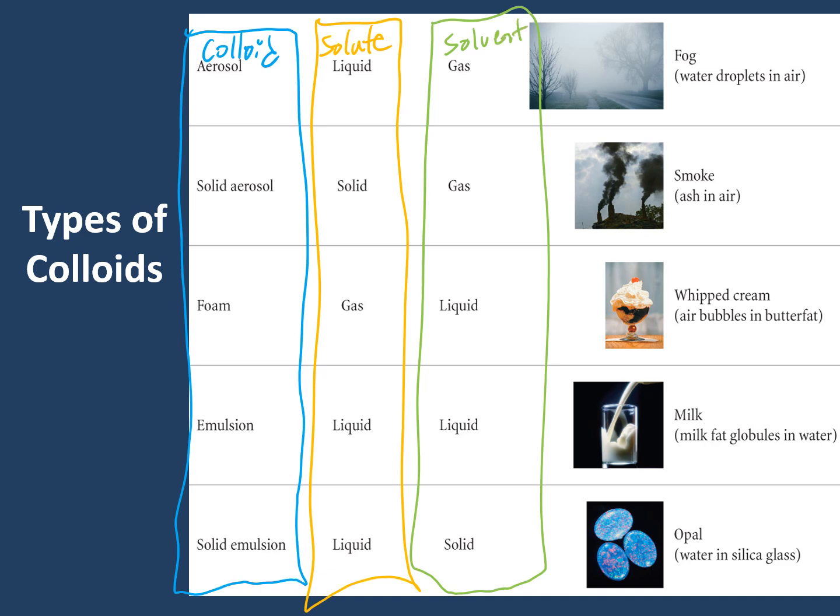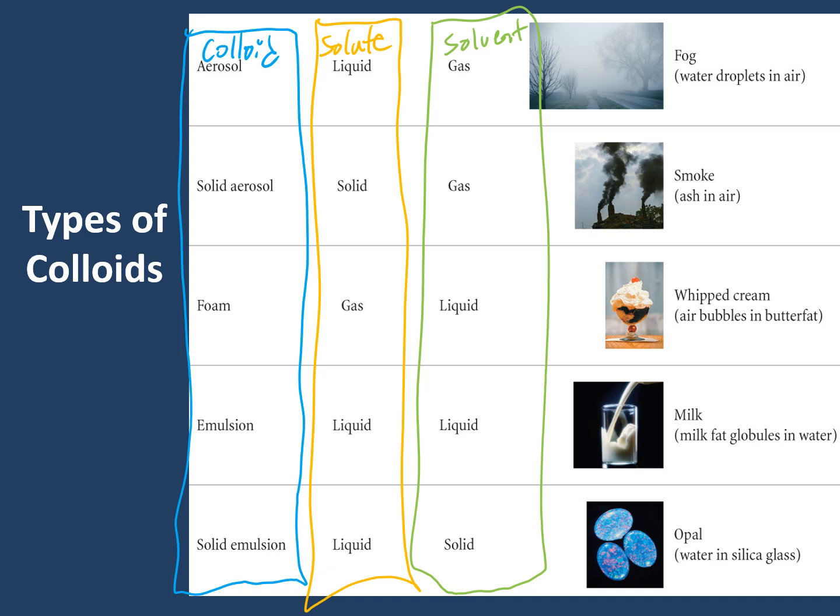So the first column is what is dispersed in the major component, the solvent column. An aerosol is a type of colloid. A big example is fog, where we have tiny water droplets or liquid droplets dispersed through a gas. In fog's example, it's water droplets dispersed throughout air, which is a gas.